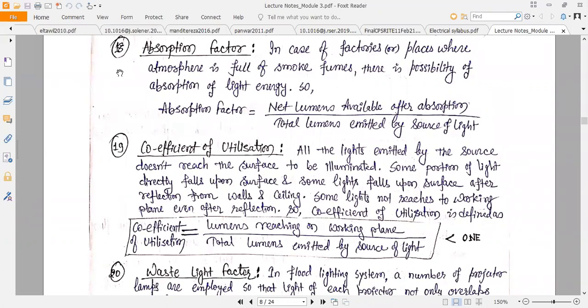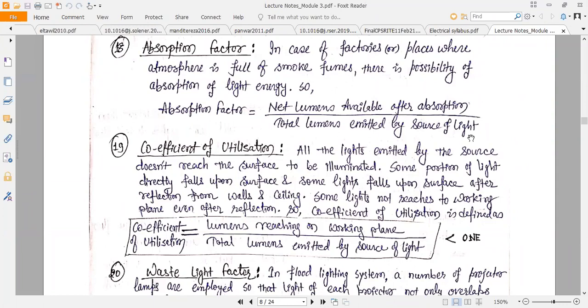So this absorption factor is defined as the ratio of the net lumens available after absorption of the light, that is, whatever lumens reach this particular object through that atmosphere, divided by the total lumens emitted by the source of light.